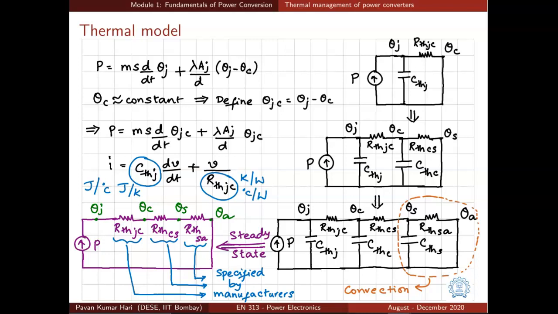Refinements in the design can be incorporated by considering more detailed models of heat transfer. One can also solve the differential equations that describe heat transfer numerically using a finite element solver and arrive at an accurate temperature distribution, which helps improve the design of a power electronic converter. Such practices are usually followed in industry.